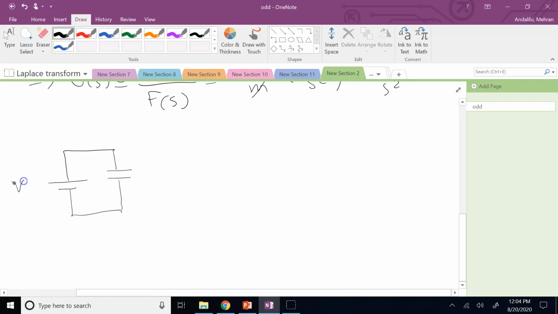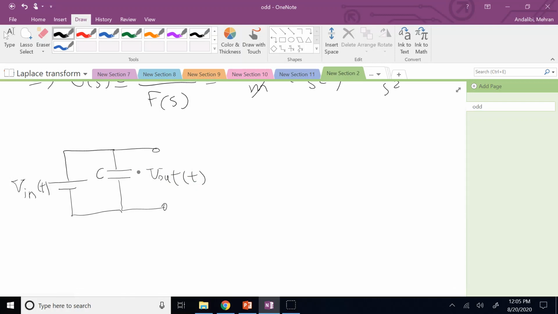So this voltage is V in time, and then the output of the system is the voltage across both sides of the capacitor, V out. So the goal is to find the transfer function of V out over V in, output over input, right?